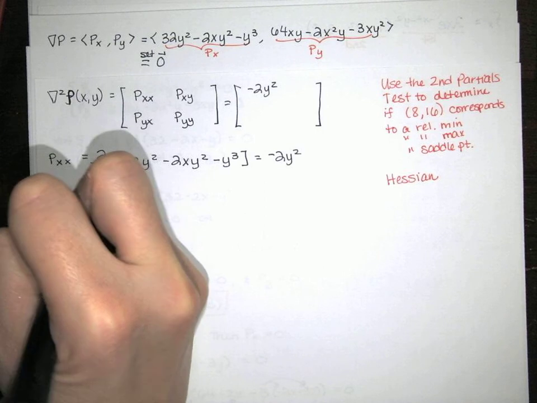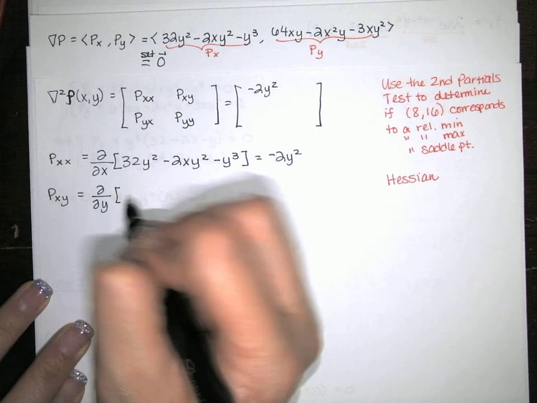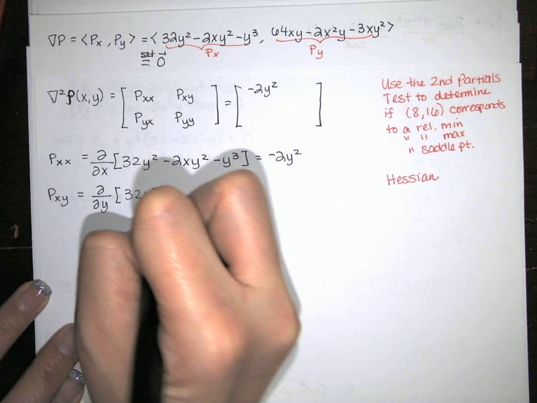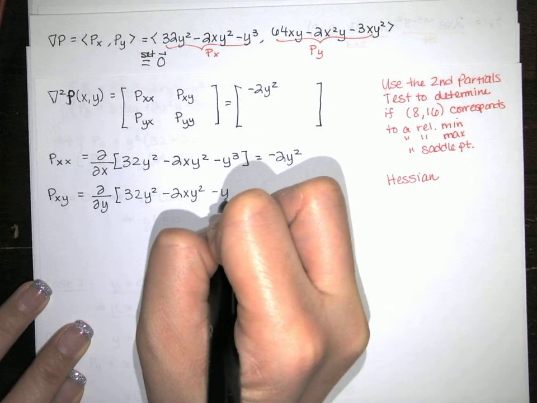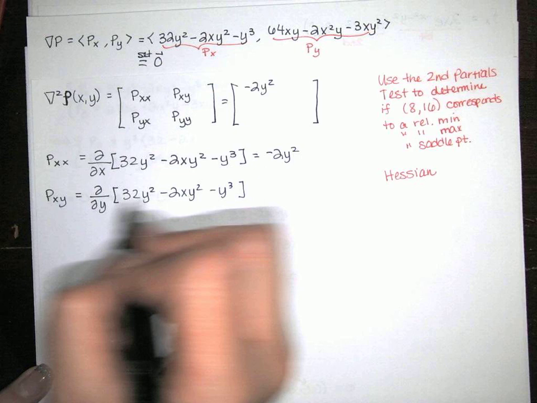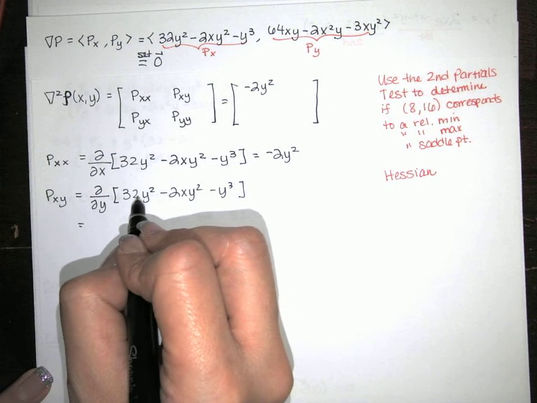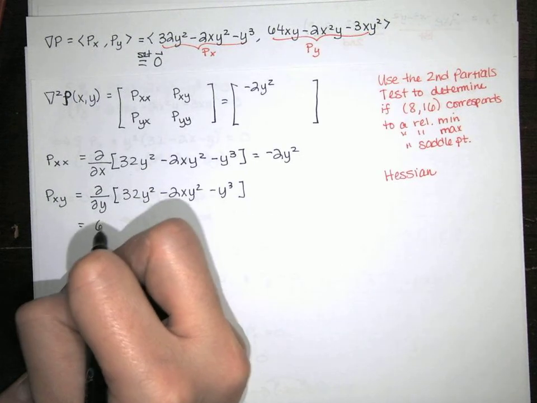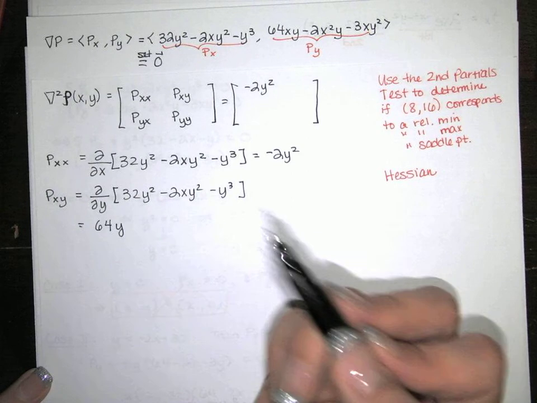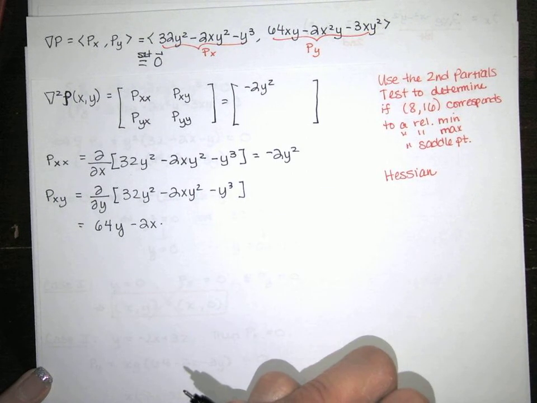Now we'll take the partial with respect to x and take its derivative with respect to y. Yes, that's what I want to do. So I'm taking the same function from the last one, the last partial derivative, and now I'm differentiating with respect to y this time. Well, the derivative of 32y squared with respect to y is 32 times 2, which is 64, times y to the first. And then here I've got a constant times a function of y, so I bring my constant down, and I take the derivative of y squared with respect to y.